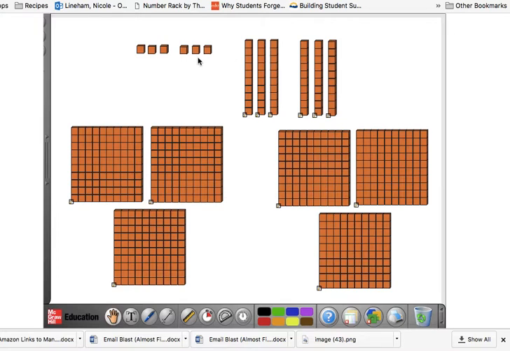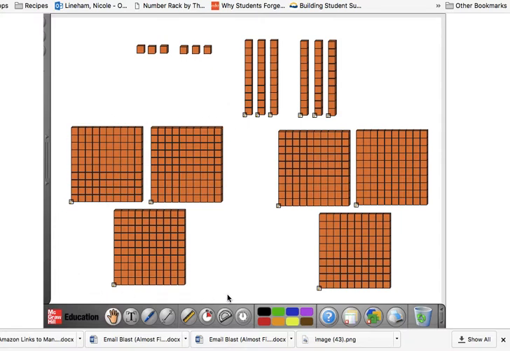And when students see it this way, they start to understand that what's the same is they still have 2 groups of 3 blocks, or a total of 6 blocks, but the difference is the place value. These blocks are 10 times as large as these blocks. So the answer, 60, is 10 times as large. And we can continue on the pattern.